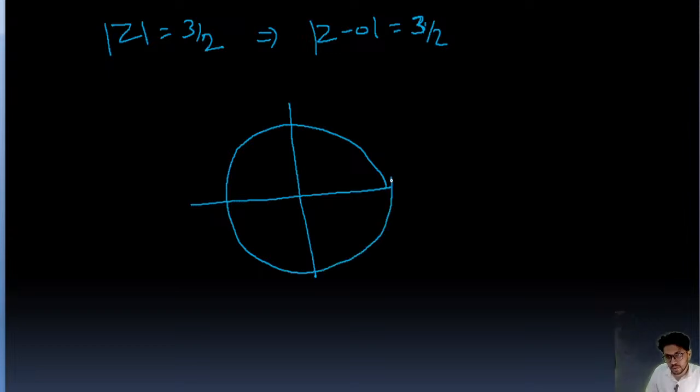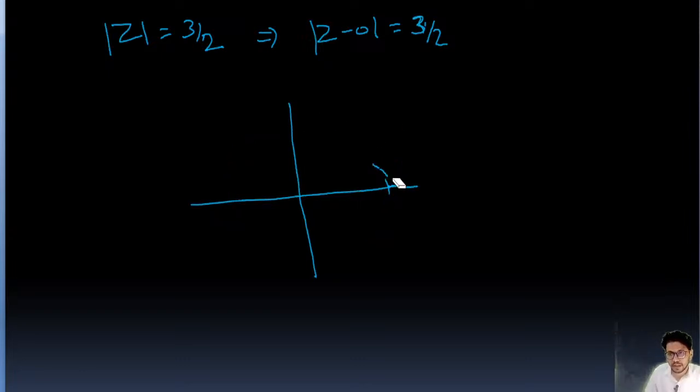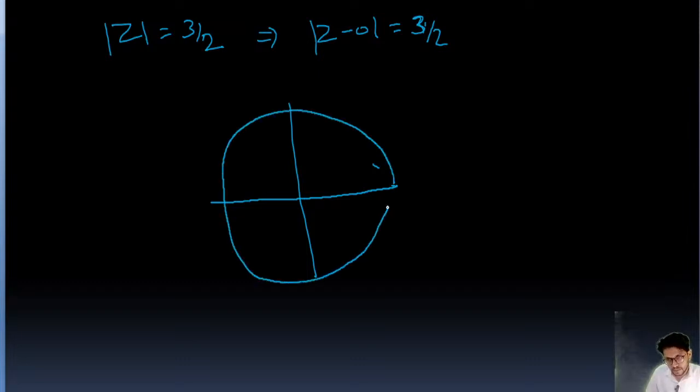This is the contour, and this is a circle, guys. It is not exactly looking like a circle, but consider it a circle. This is 0, 0 and this is 3 by 2.